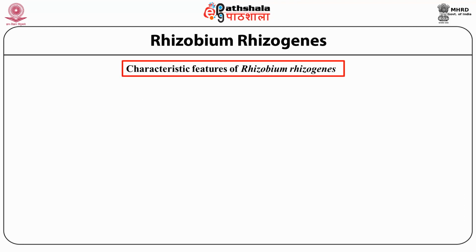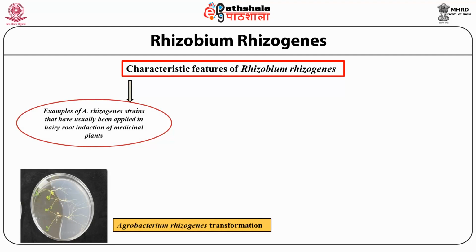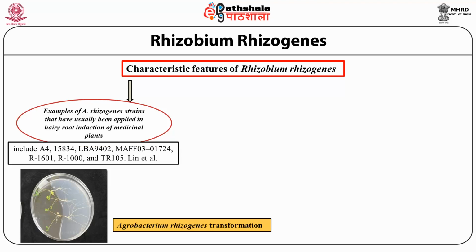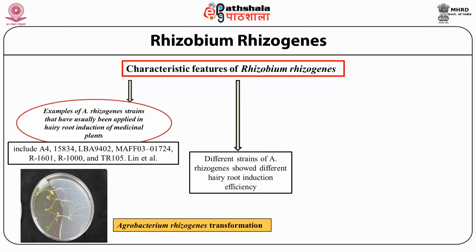Again, there are different strains which are used to cause hairy root induction in medicinal plants, and these strains are A4, 15834, LBA 9402, etc. Different strains of this bacterium show different hairy root induction efficiency.